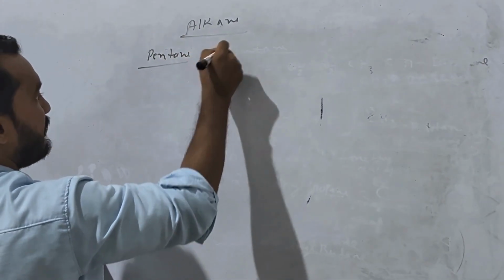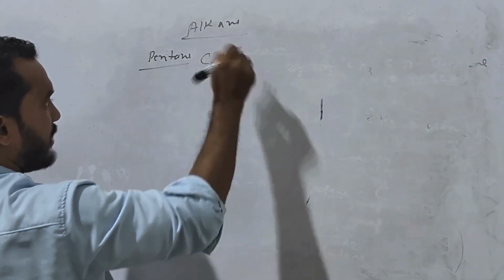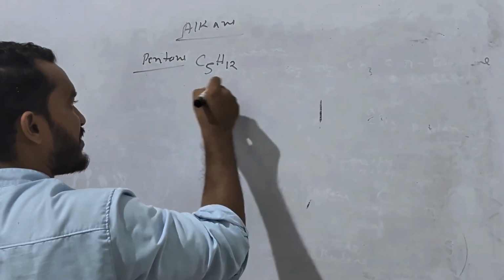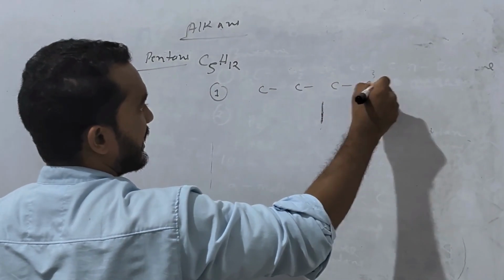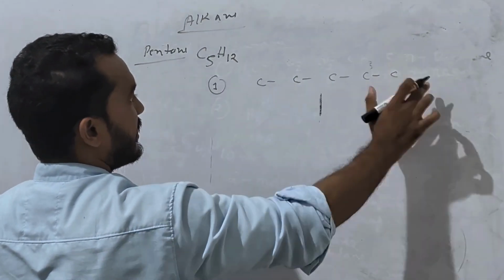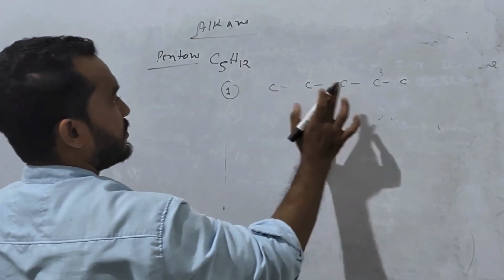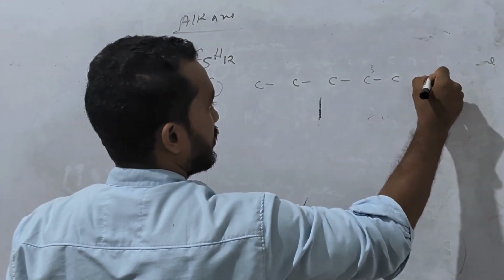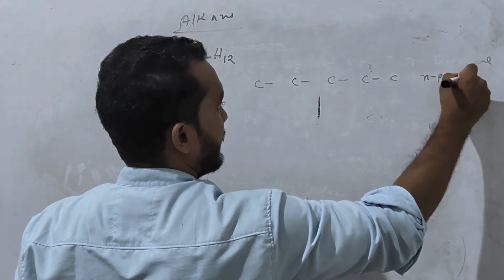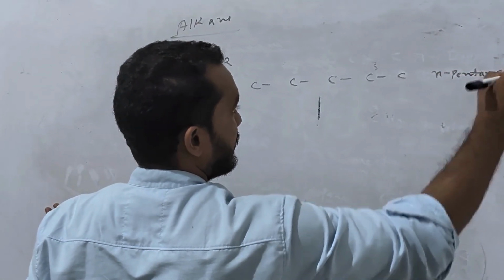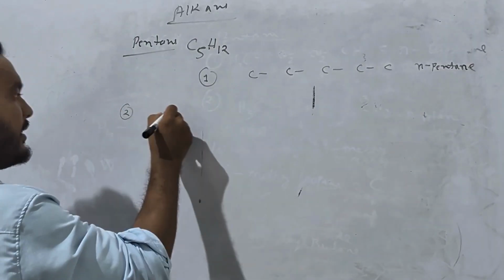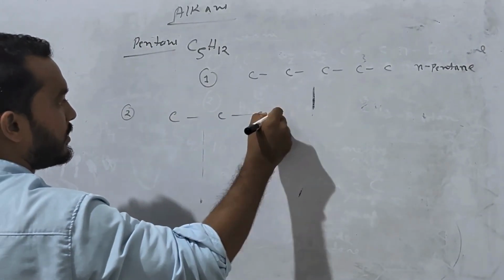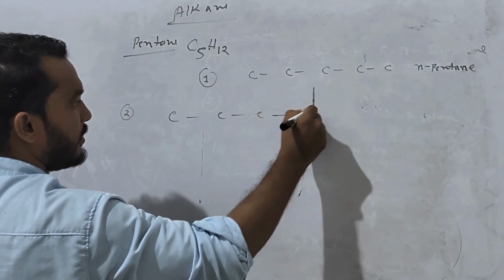Formula C5H12. So the first structural isomer of pentane will be N-pentane, where all the carbon are arranged in a what? Linear fashion. 1, 2, 3, 4, 5. This is called N-pentane. Okay. The second one, see, 1 carbon, 2, 3, 4.